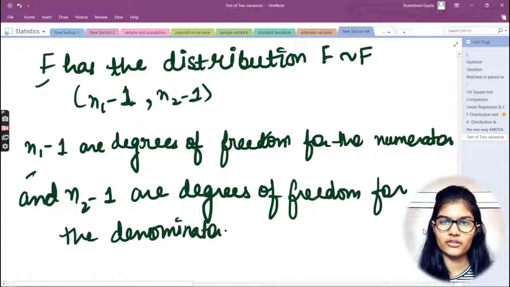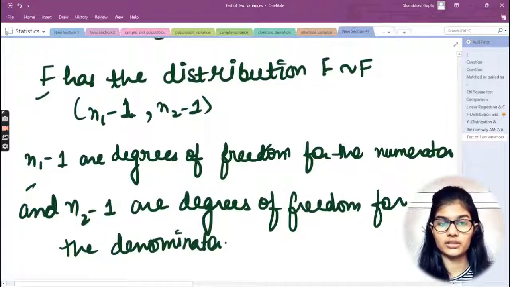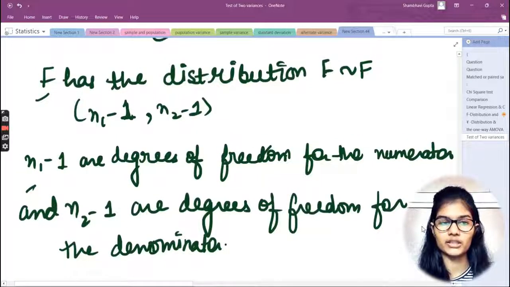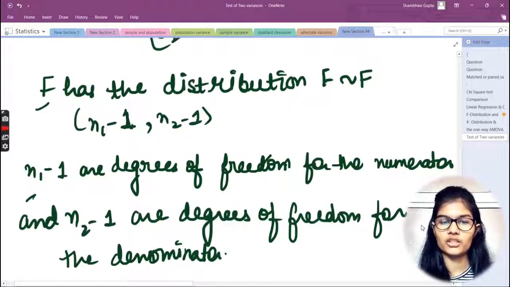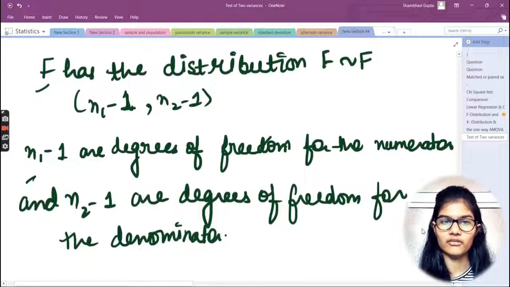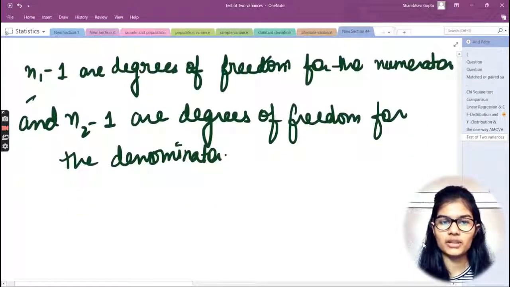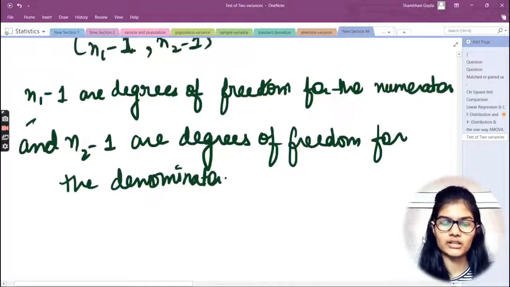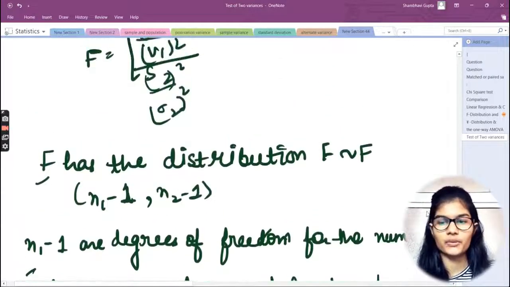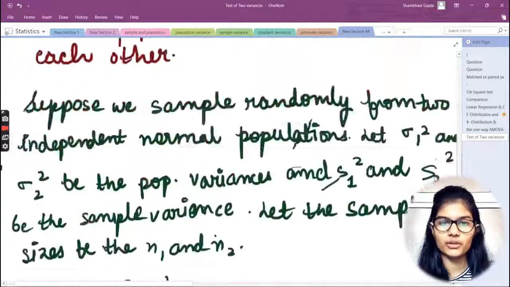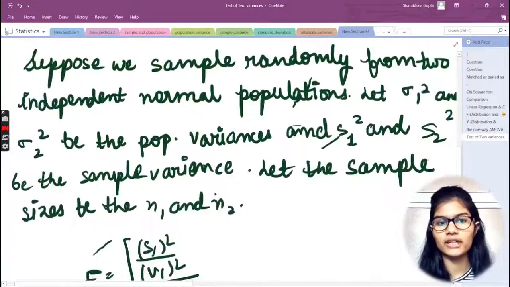It has an F distribution with N1 minus 1 comma N2 minus 1, where N1 minus 1 are the degrees of freedom for the numerator and N2 minus 1 are the degrees of freedom for the denominator.